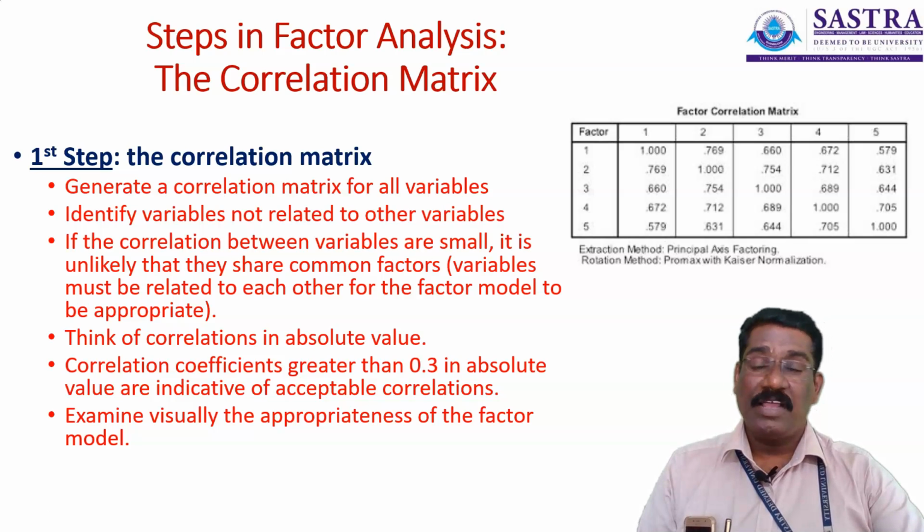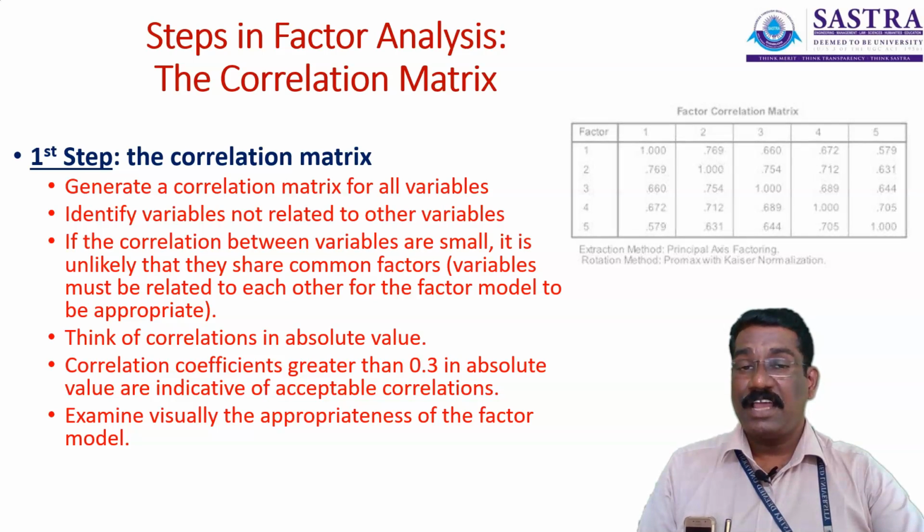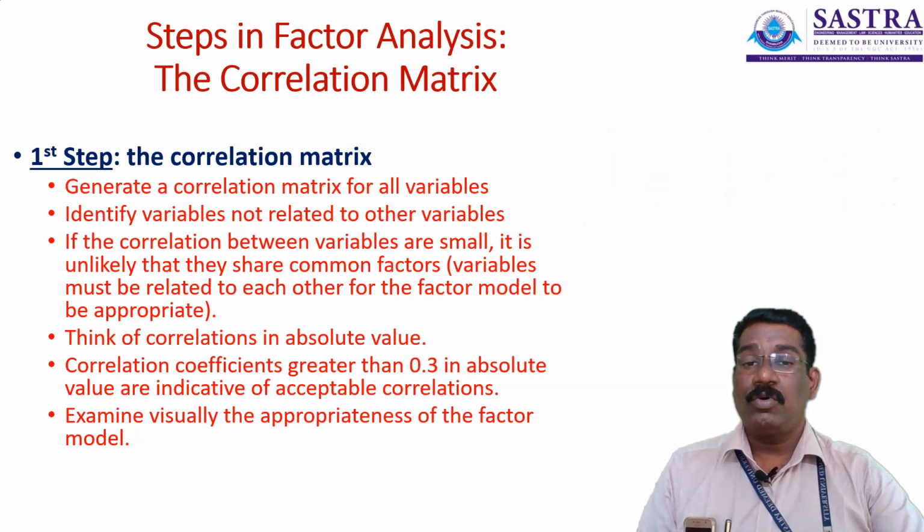Also, as a researcher, you have to think of correlation in absolute value. If you look at the correlation coefficient, it should be greater than 0.3 in absolute value, which is indicative of an acceptable correlation level, and that has to be checked when you do correlation.